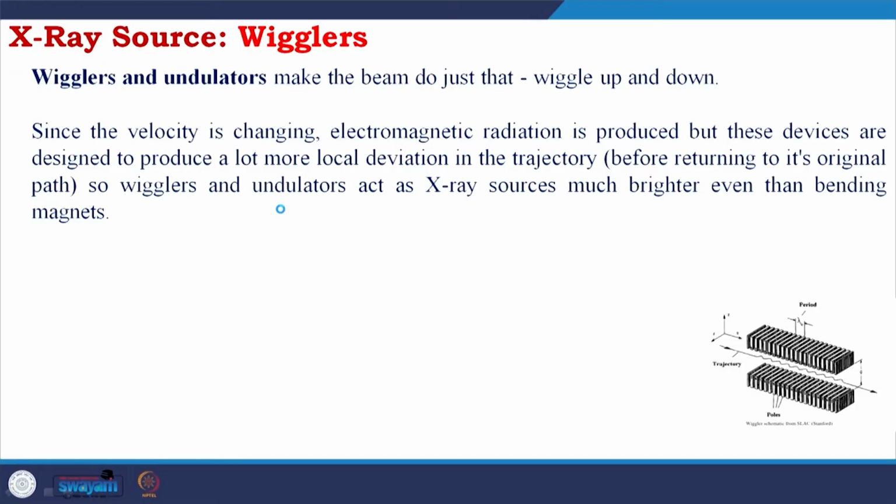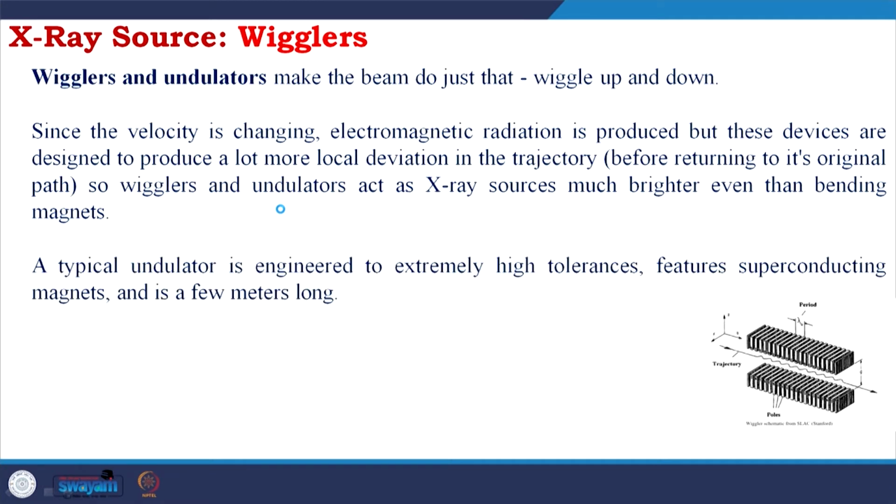So, it makes more deviation. Wigglers and undulators act as X-ray sources, much brighter even than the bending magnets. So, a typical undulator is engineered to extremely high tolerances, features superconducting magnets, and is a few meters long.